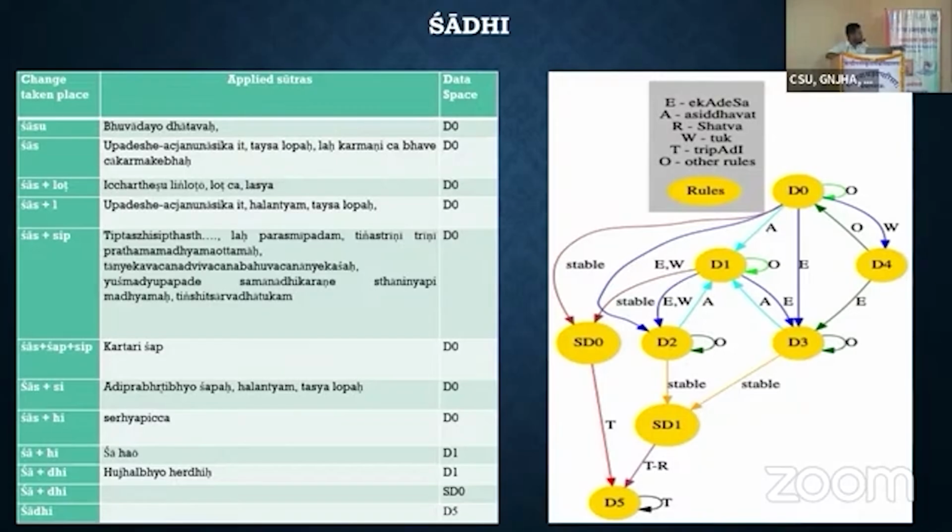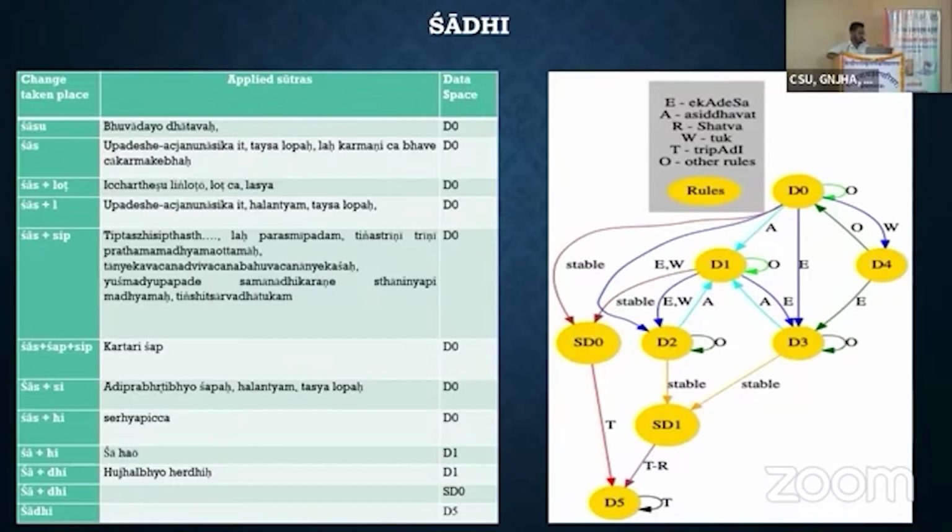So what will happen is, when Shahau is applicable to this state, Shas plus He, it will substitute Shas to Sha, and the change that takes place, Sha plus He, will be stored in D1. And when Hujalbhyo Herdhi is applied, it will not see the change that took place in D1. It will see the Utsarga Lakshanam in D0, that is Shas plus He.